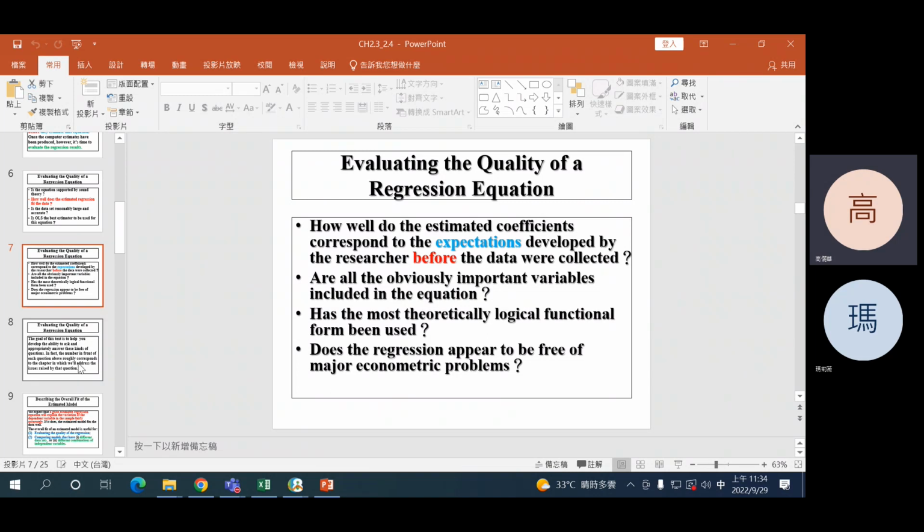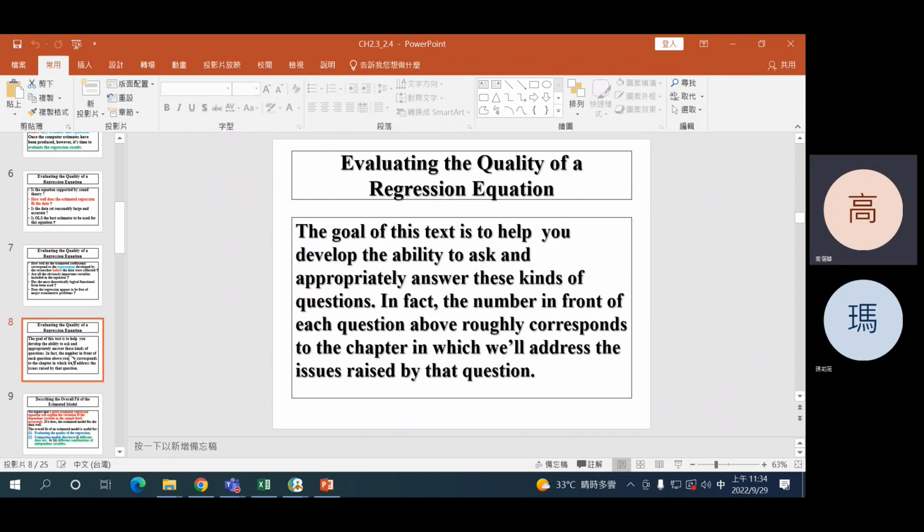I would say that the goal of this text is to help you develop the ability to ask and appropriately answer these kinds of questions. So those 8 questions you should bear in mind, if you are a beginner.